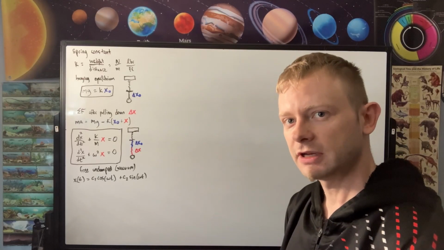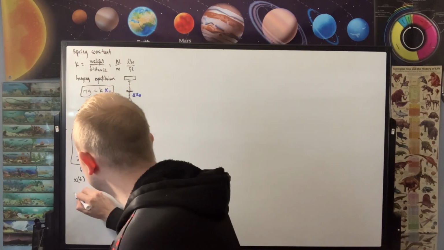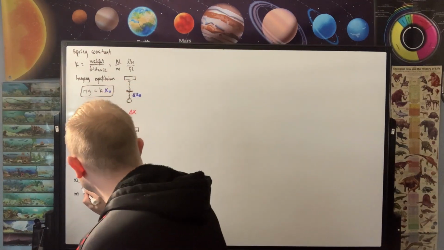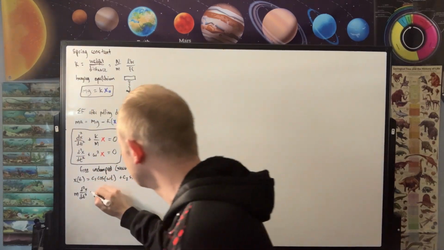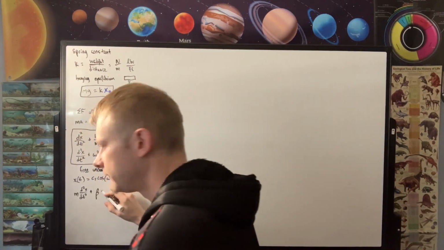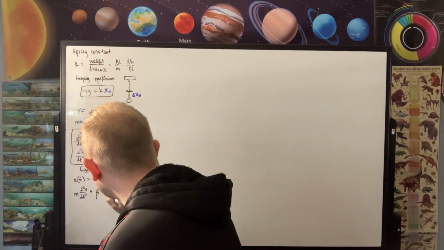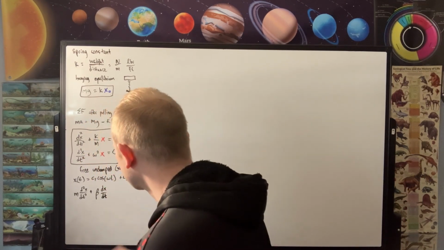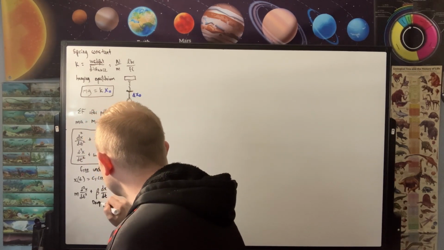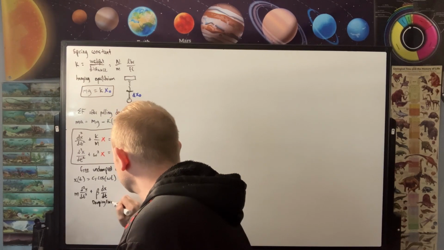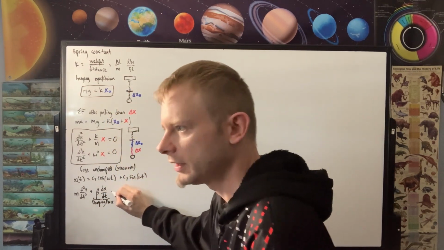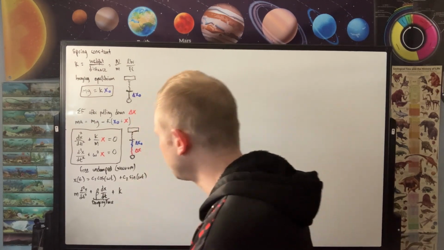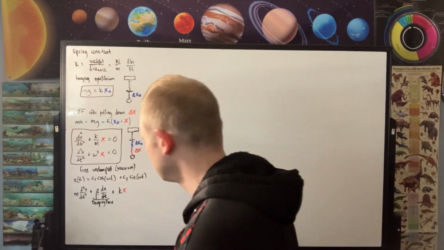If we were to consider a damped situation, we'd have the equation m, and then we have d squared x over dt squared. Let's go ahead and add the damping force, which is b dx over dt. Okay, this is the damping force right here, all of it. And then let's add in the kx, which is over here.